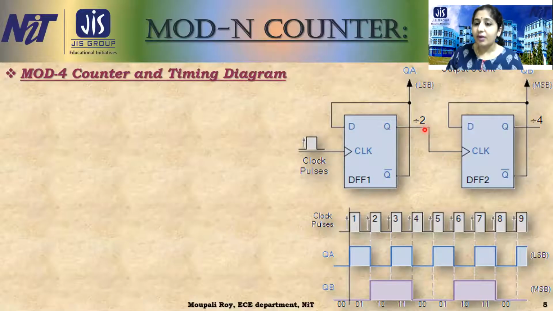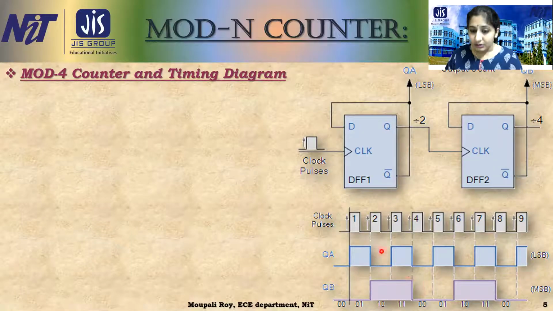If this becomes 1, then when the clock pulse comes there, this output comes there. So for 1 bit shifted, if it works in half, then this is the 1/4 counter. In that way, this is QA and QB.